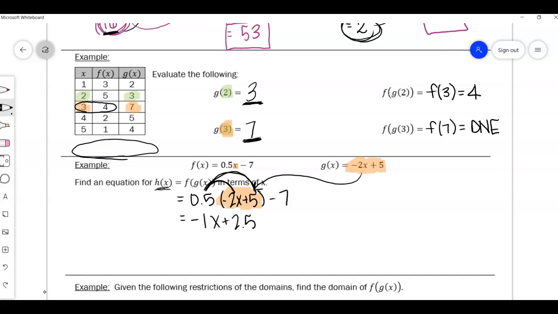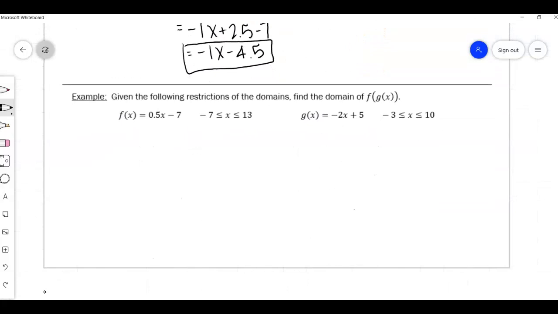And then don't forget we have this minus 7 right here. We're going to combine the 2.5 and the negative 7, so we will end up getting negative 4.5. So our equation for f of g of x, the composition of the two, or you could call it the new equation h of x, is negative x minus 4.5.